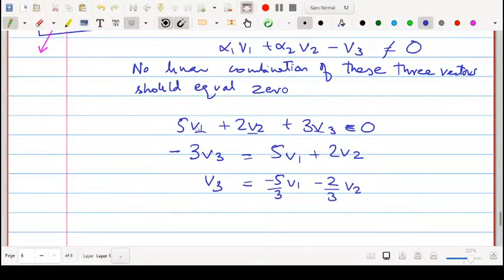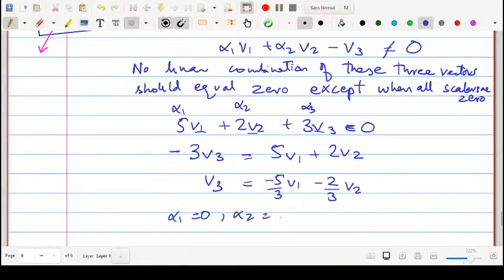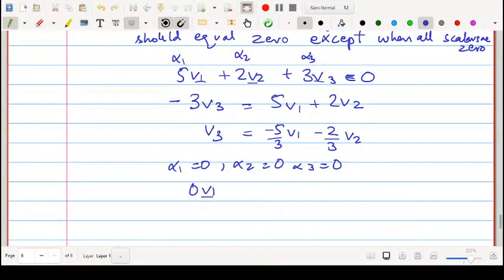So it should not be the case for any scalars alpha 1, alpha 2, alpha 3. There should not be any such scalars, except when all scalars are 0. When all scalars are 0, that's something you can't avoid: if alpha 1 is 0 and alpha 2 is 0 and alpha 3 is 0, then what you have is 0 times v1 plus 0 times v2 plus 0 times v3.